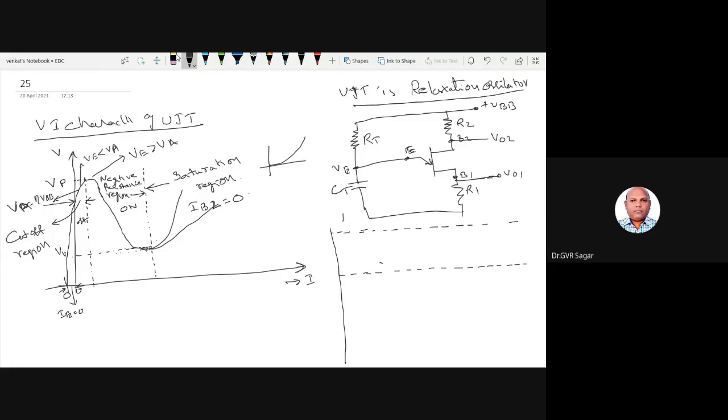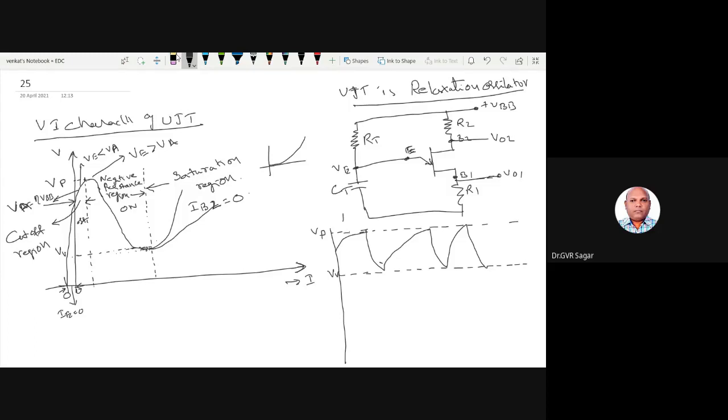So there are oscillations, it is giving like this, right? So this is the peak voltage, and this is the valley voltage, right?